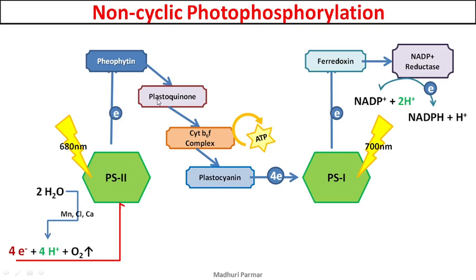They pass through plastoquinone, cytochrome B6F, plastocyanin, and are given back to photosystem 1. These electrons from photosystem 1 get excited again. They are passed to ferredoxin. Ferredoxin gives them to NADP reductase, which is an enzyme that converts NADP into NADPH.